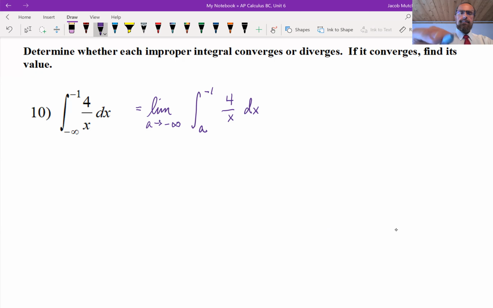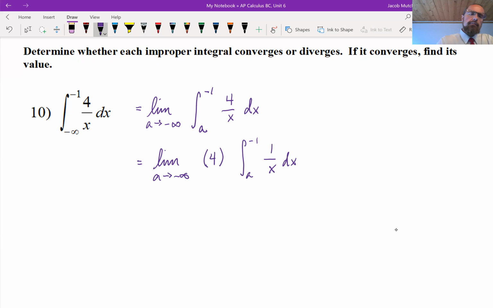And I need to think about this 4 over x. One thing I can do here is allow that 4 to migrate outside the integration. So it's the limit as a approaches -infinity of 4 times the integration from a to -1 of 1 over x dx. I do that because that really makes that integration visible.